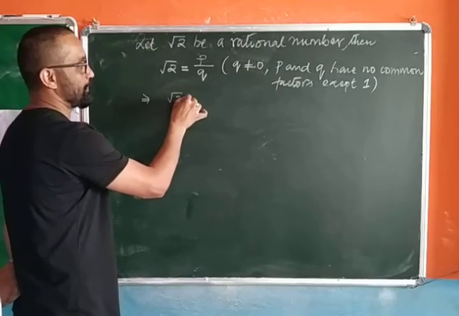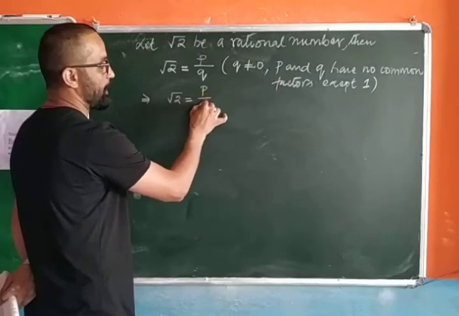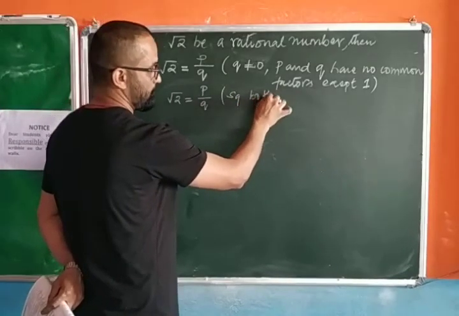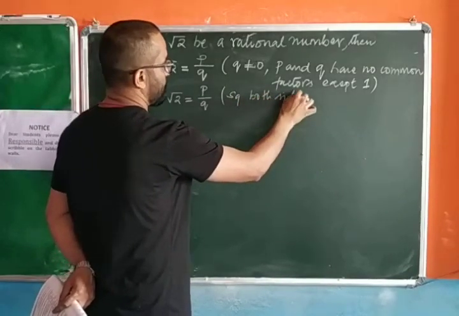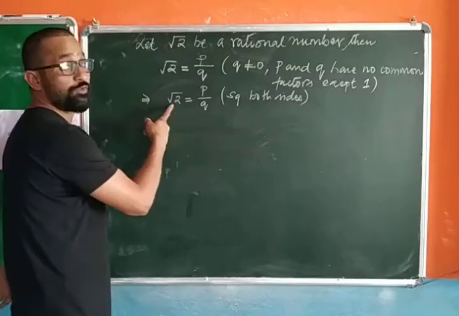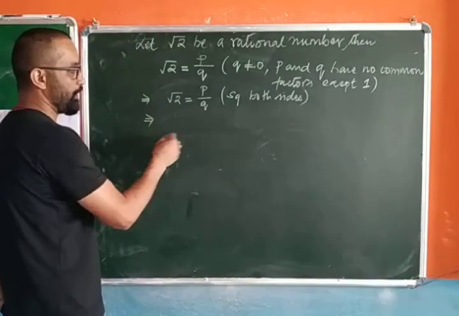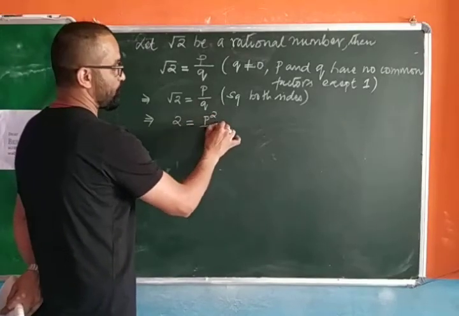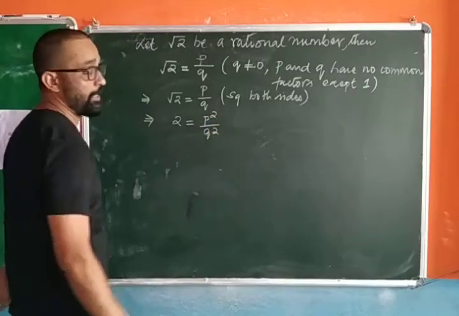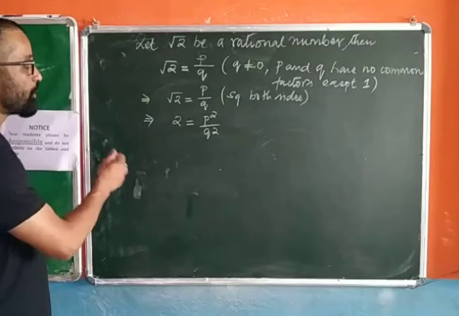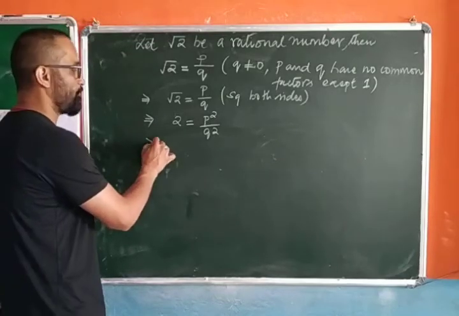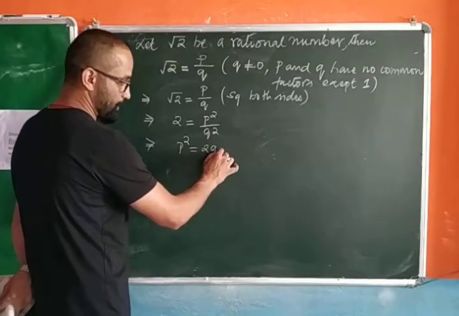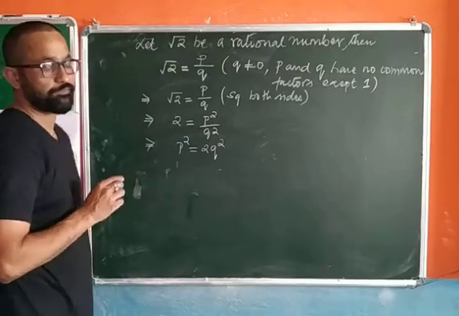Root 2 is equal to p divided by q. Squaring both sides so that the root gets removed, we get 2 is equal to p squared divided by q squared. Now we cross multiply and write p squared equals twice q squared.